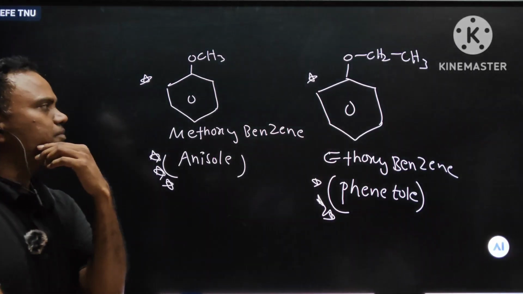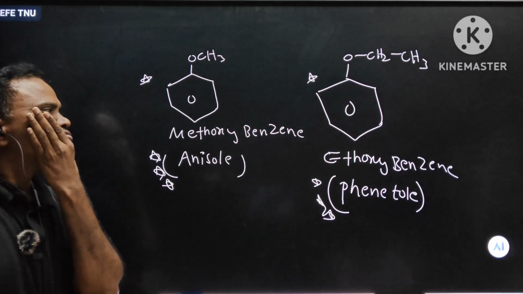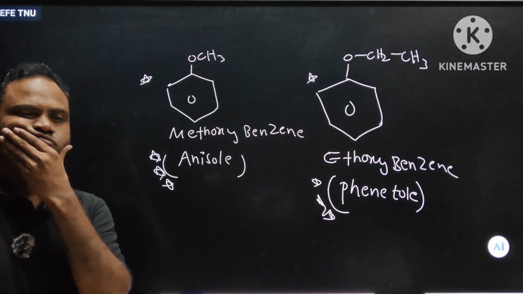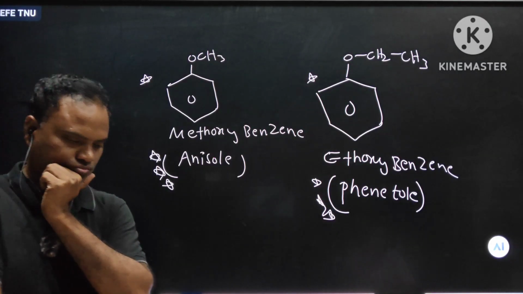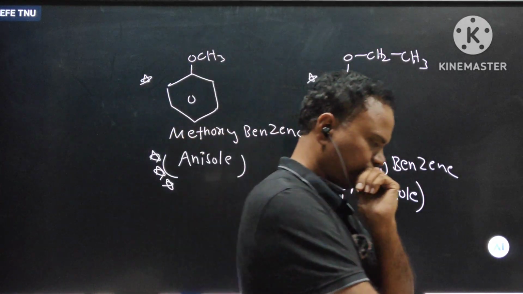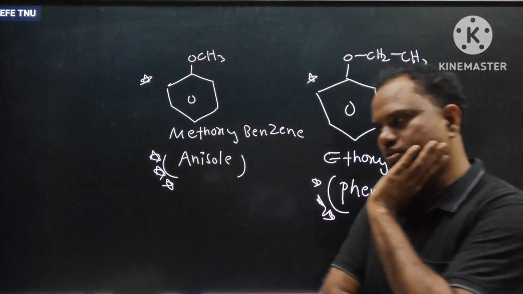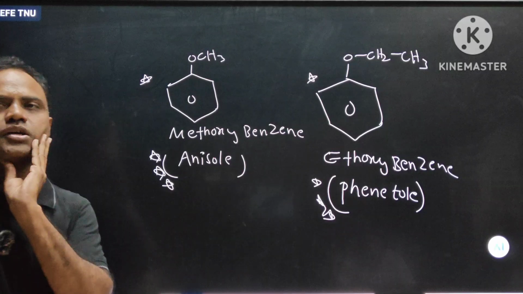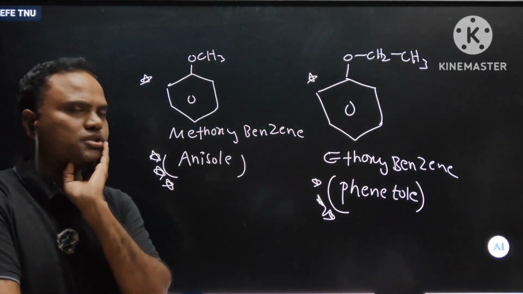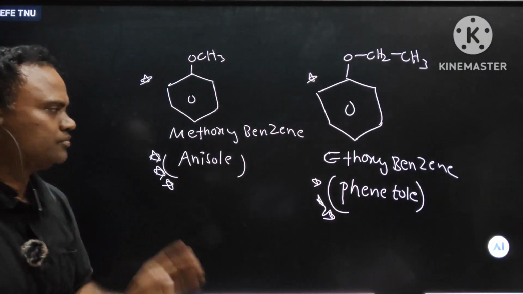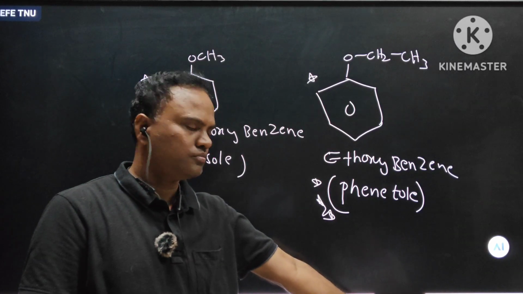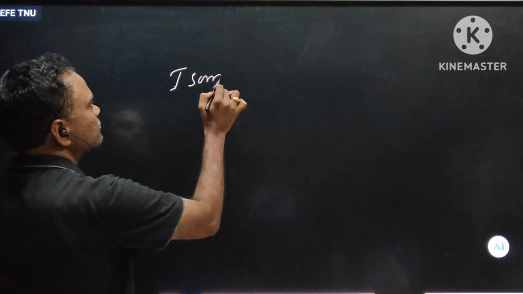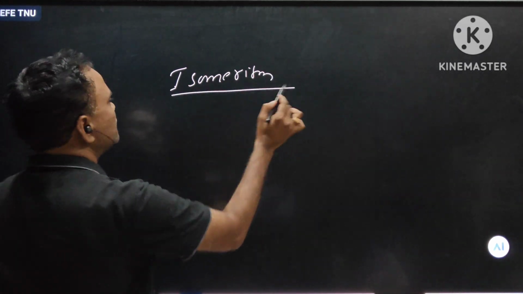It is a very small chapter. Which type of isomerism does ether show? This is about nomenclature. Next, isomerism in ethers.